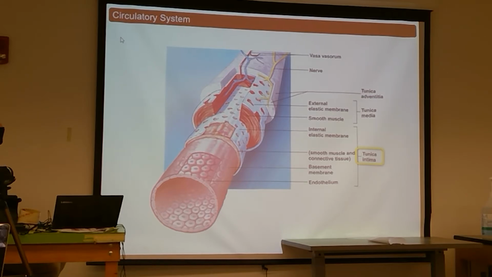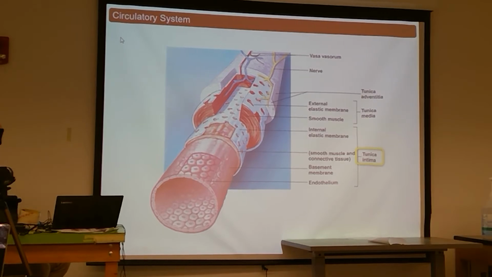With the tunica intima, it's also going to have this internal elastic membrane. And what this does is it's going to help with the elasticity within the arteries. Like I said, there's a lot of high pressure, so it needs this elastic to be able to stretch without breaking, right?